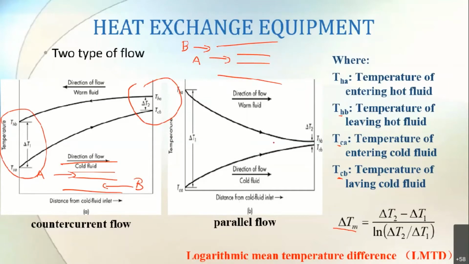If you have co-current or parallel flow, this is going to be your delta T2 and this whole thing here is going to be delta T1. Once you have identified it, you can find your LMTD, and after that you can find the value of your Q or A, whatever is required for you to design the heat exchanger equipment.